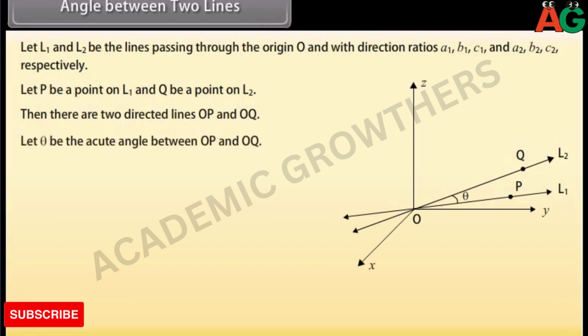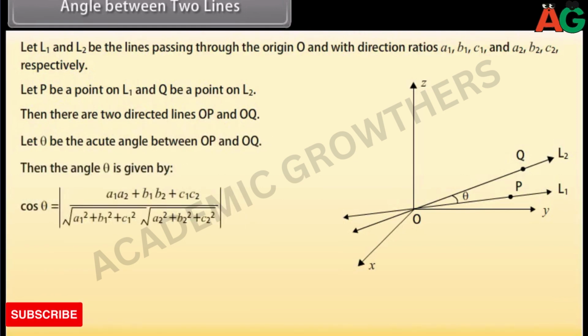Let theta be the acute angle between OP and OQ. Then cos theta equals modulus of (A1 A2 plus B1 B2 plus C1 C2) divided by square root of (A1 square plus B1 square plus C1 square) into square root of (A2 square plus B2 square plus C2 square).